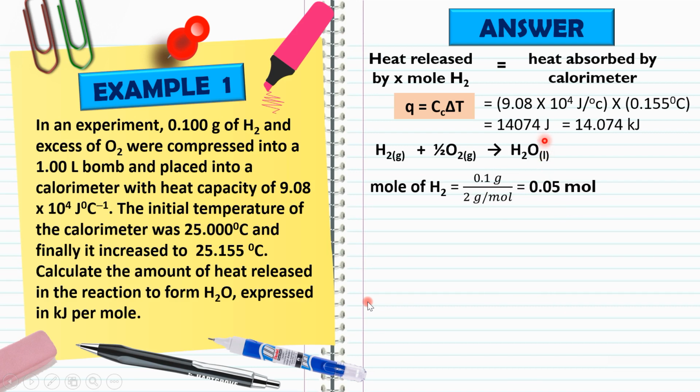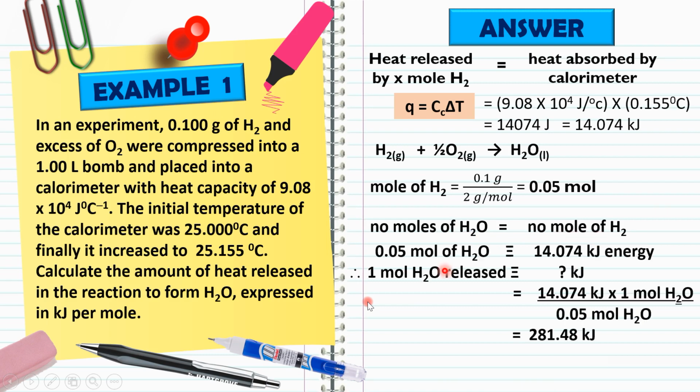So we want to calculate the number of moles of water formed. Since from the equation, 1 mole of hydrogen gas is equivalent to 1 mole of H2O formed, the number of moles of H2O is equivalent to the number of moles of hydrogen gas.